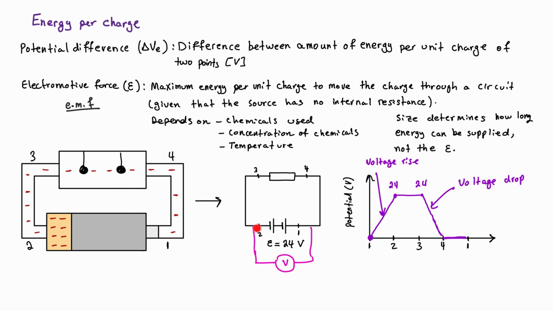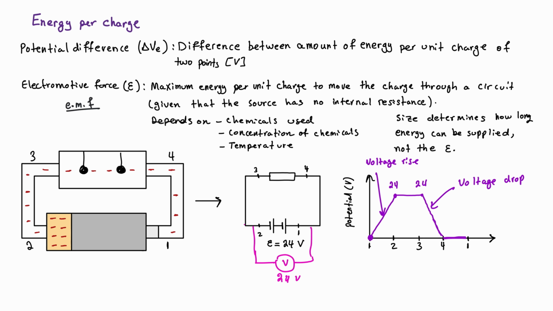In this case, it knows the potential here to do work is 24 and the potential here is 0. That's the amount of the potential rise here. So it will measure a reading of 24 at this point.